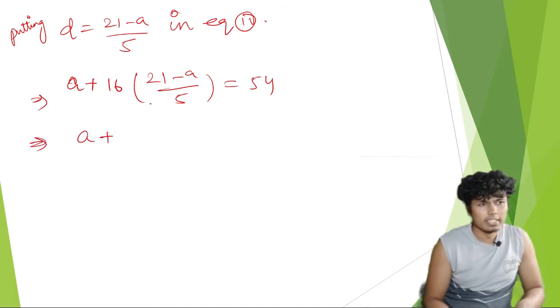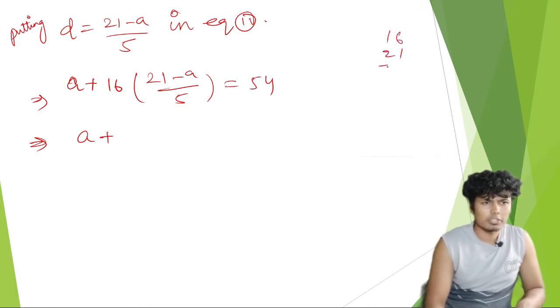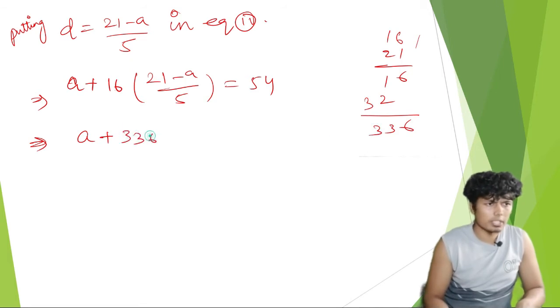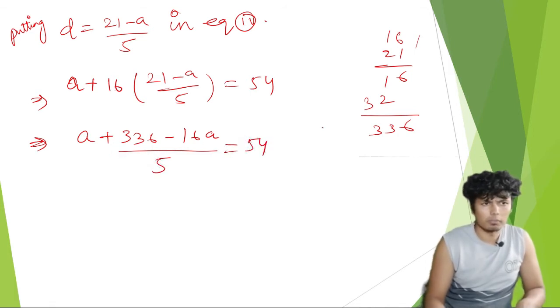So a plus 16 into 21. What will be 16 into 21? Let me multiply here. 6 times 1 is 6, 6 times 2 is 12, 2 times 1 is 2, 3, 3, 6. So a plus 336 minus 16a divided by 5 is equal to 54.